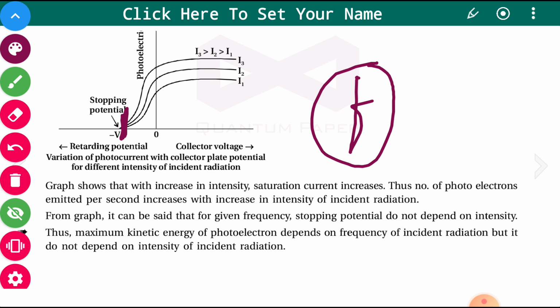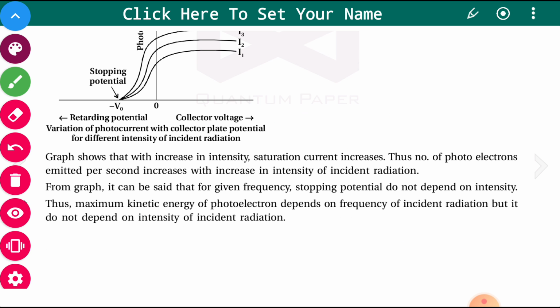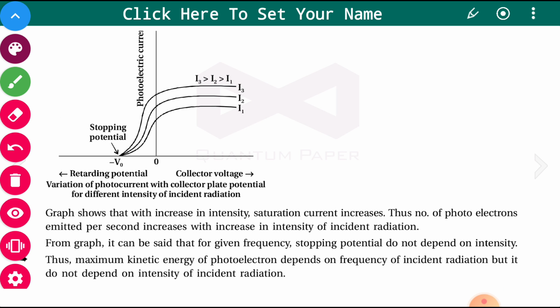Thus, the maximum kinetic energy of photoelectrons depends on the frequency of incident radiation but not on the intensity. Higher intensity light does not give more energy to the emitted photoelectron. That can be concluded in this particular experiment.